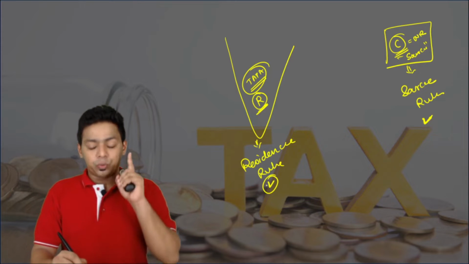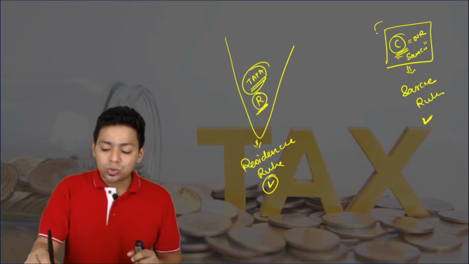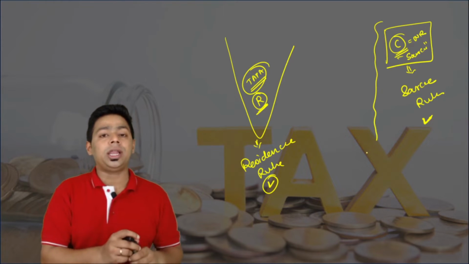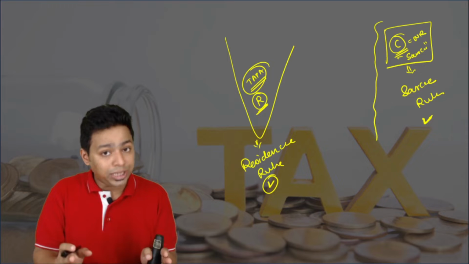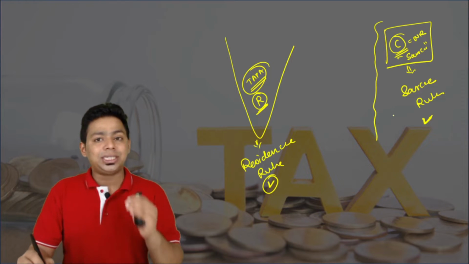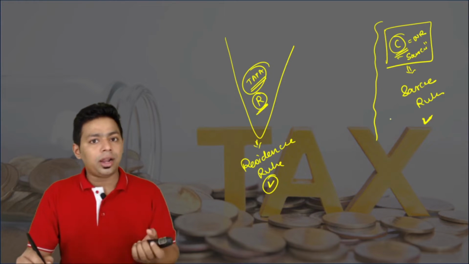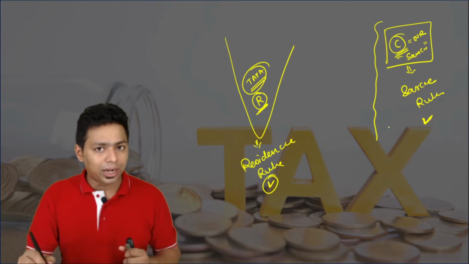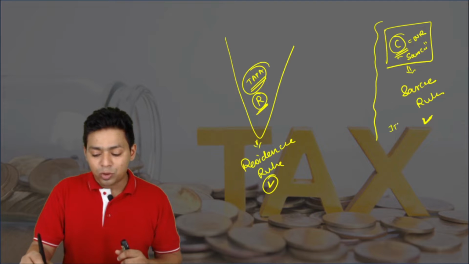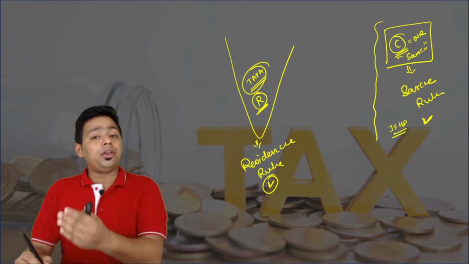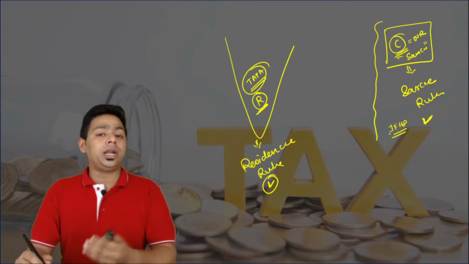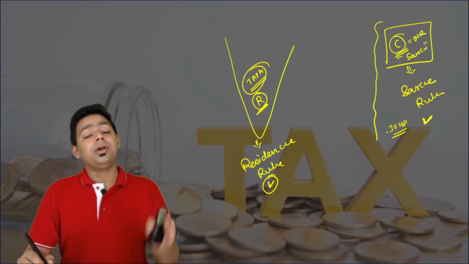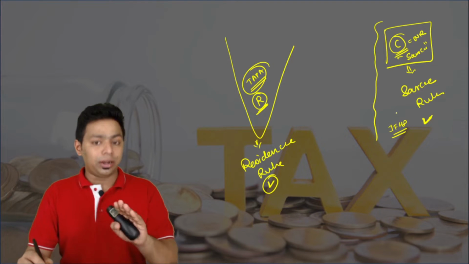Now mark my words very carefully here. The rules of computation of income in Canada and the rules of computation of total income in India may not be the same. Meaning thereby, so far as the salary chapter is concerned, in Canada you may not have a standard deduction, but in India we have a 50,000 rupees standard deduction. So far as income from house property is concerned, in Canada you may not have a provision for deduction of municipal taxes or standard deduction, but India will have provisions for municipal taxes and standard deduction.